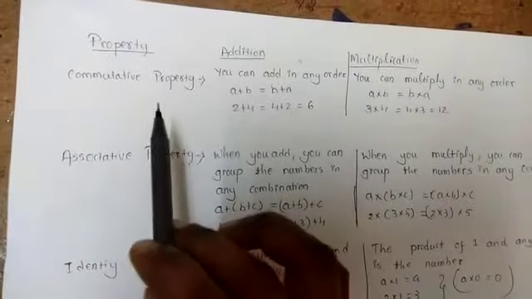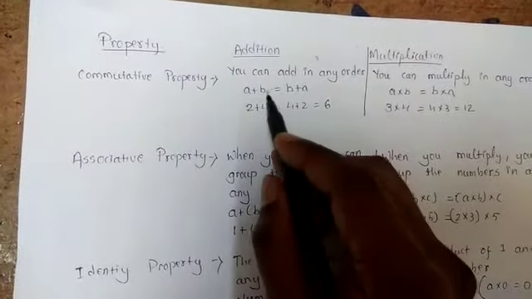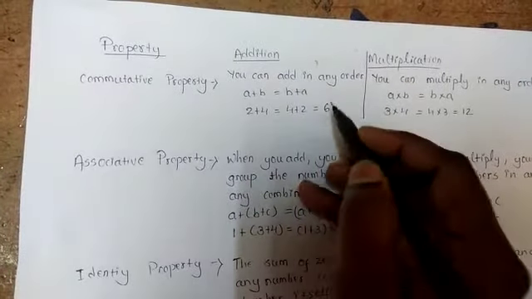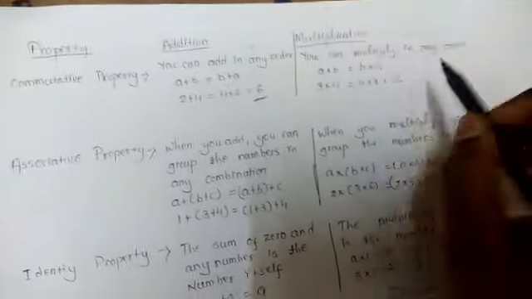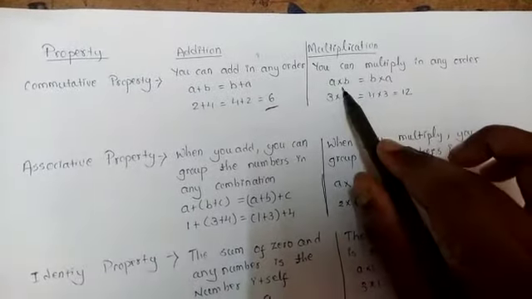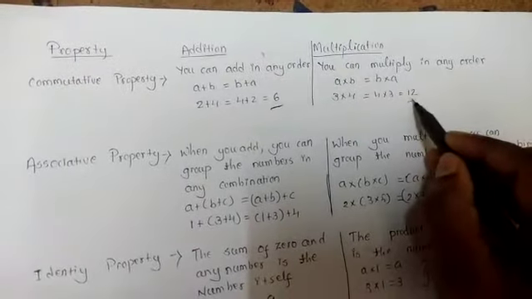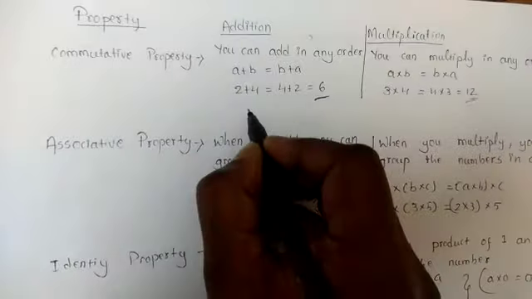First, the commutative property: you can add in any order, a plus b or b plus a, you will get the same answer. In multiplication also, you can multiply in any order, a into b or b into a, we will get the same product. But in subtraction, you will not get the same answer.